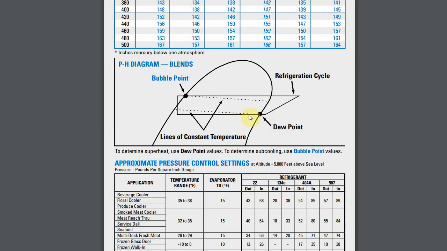The liquid's boiling until it reaches this point here where all of the liquid has boiled, and now superheat begins. So we start superheating at the evaporator coil, and then it goes through the suction line and enters our compressor, which is going to compress, raise pressure, and add heat of compression, which is known as entropy. So we're adding that heat and pressure, which is a diagonal line, and it comes back up to where we leave at our discharge.